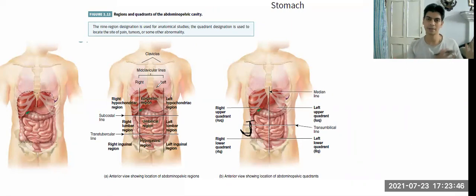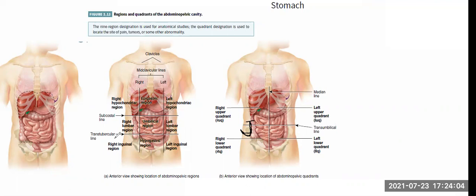This is your epigastric region, this is your umbilical region, and this is your left hypochondriac region. So your stomach is in the epigastric, umbilical, and left hypochondriac regions.